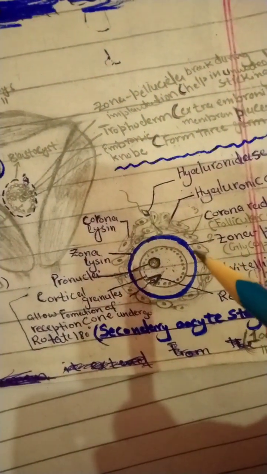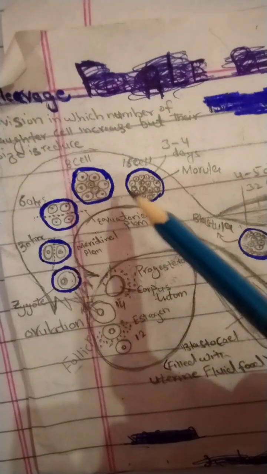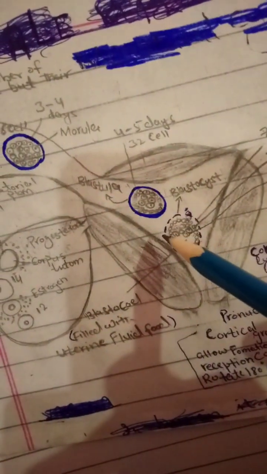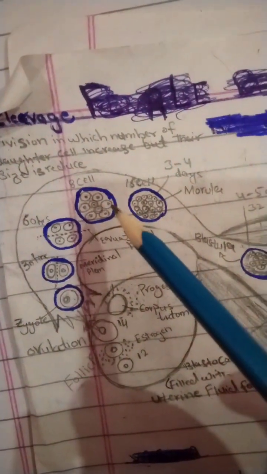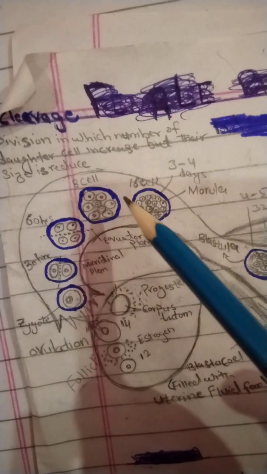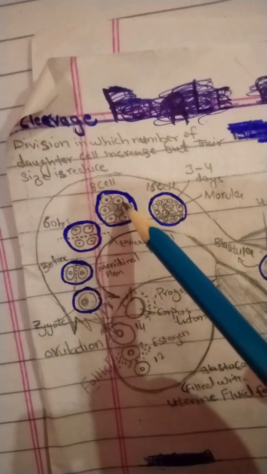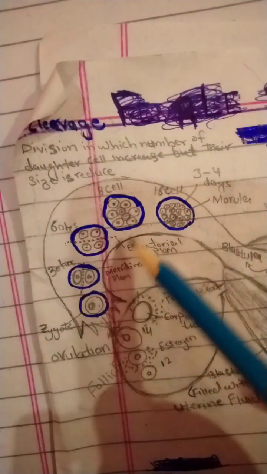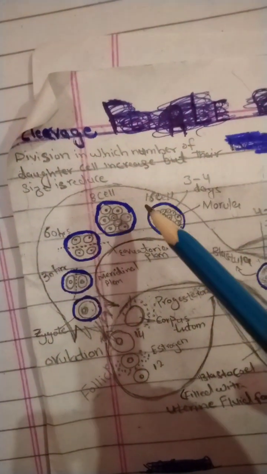If the zona pellucida ruptures in the fallopian tube before implantation in the uterus, the zygote attaches to the fallopian tube of the mother. That results in the death of the mother.